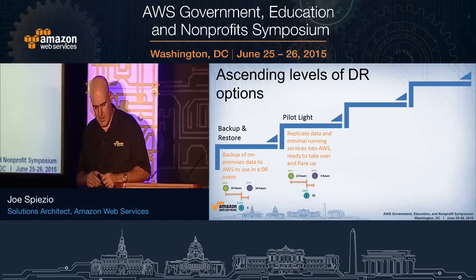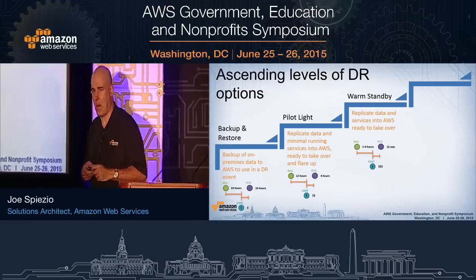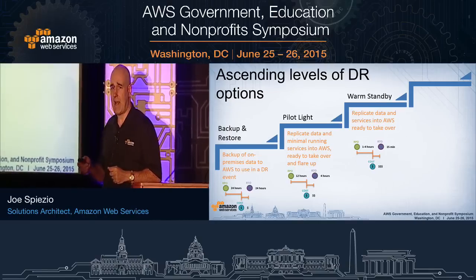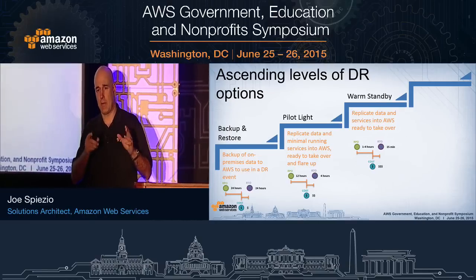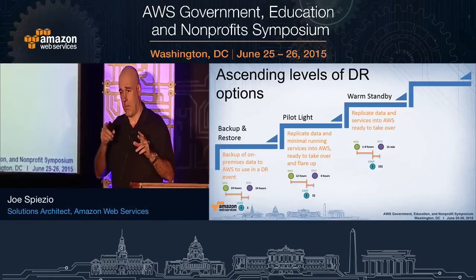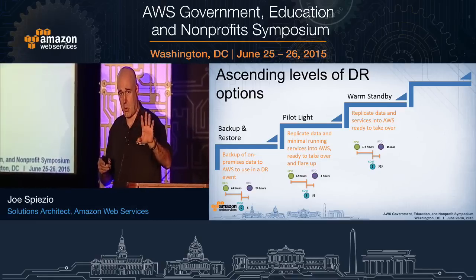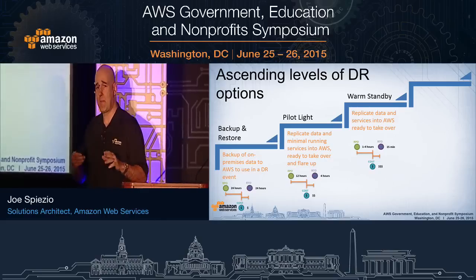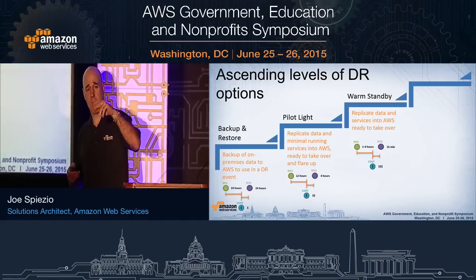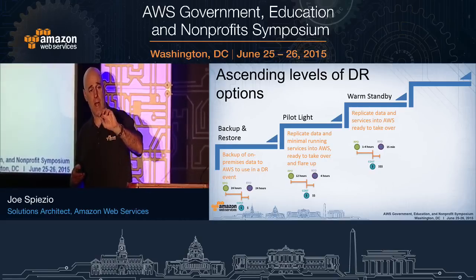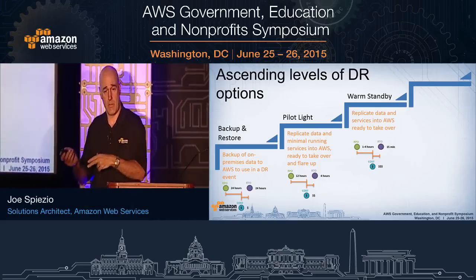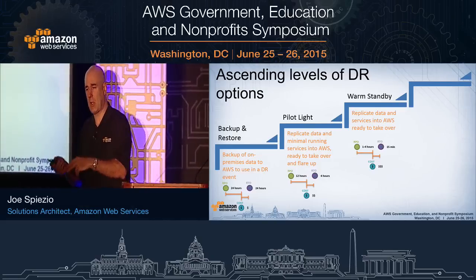Warm standby is the next one, and this is one I really want to focus on today. I'll tell you why in a minute. Warm standby is a case where you have live data flow on both sides. You have your core application running in your on-prem environment, and on the AWS side, you have basically a trickle of data coming through a live application stack into a database that's replicated over from the on-premise to the cloud.